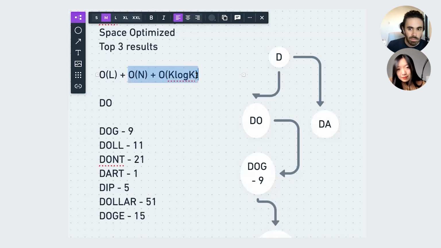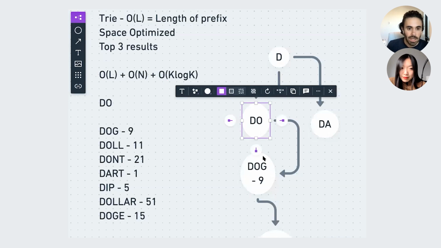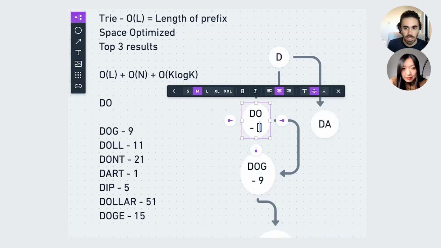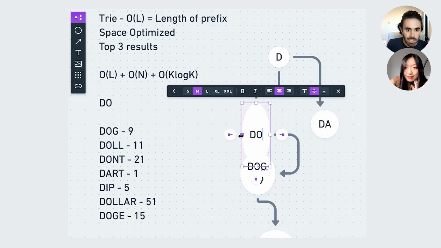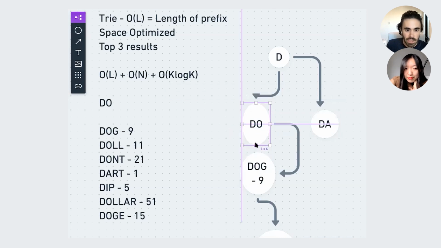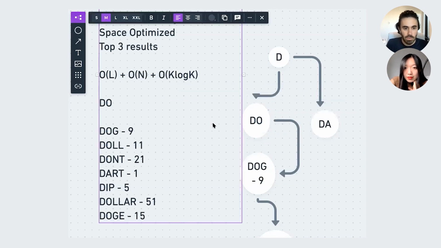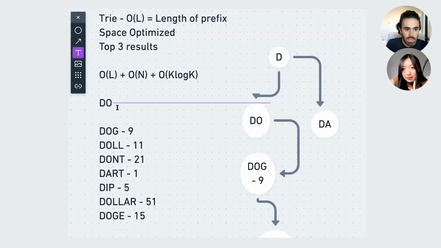However, we want to maybe make this part more efficient. So let's say at DO, for example, which we were using as our example, then we could store the top 3 results in ranked order. I'll type right in here.